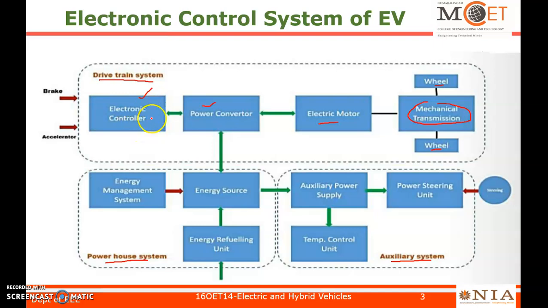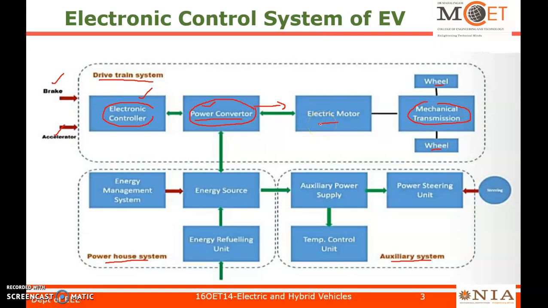The input to this electronic control unit is the brake and the accelerator. After obtaining inputs like brake and accelerator, this electronic controller provides a control signal to the power converter. After obtaining the control input from the electronic controller, this power electronic converter provides conditioned and controlled electrical input to the electric motor.